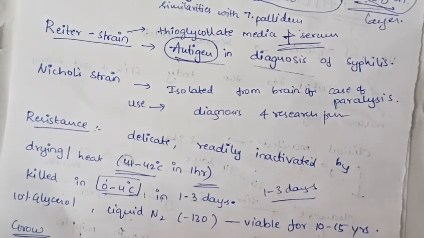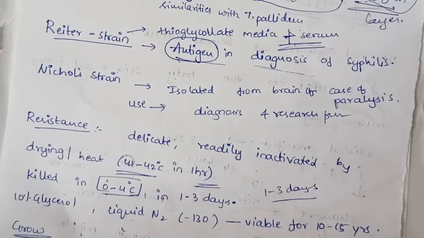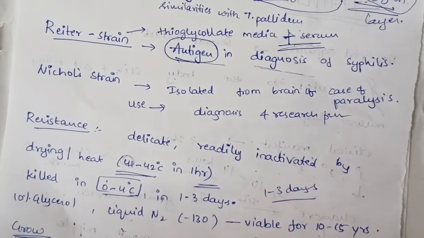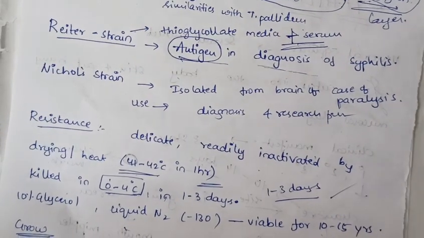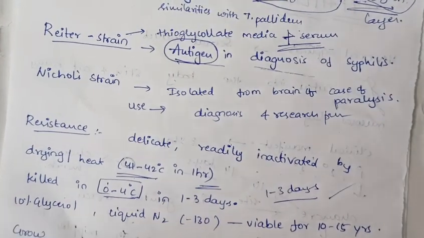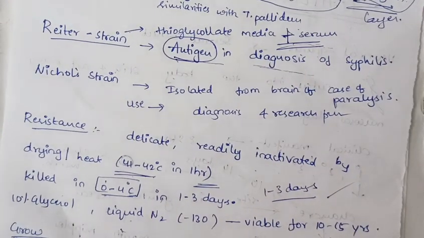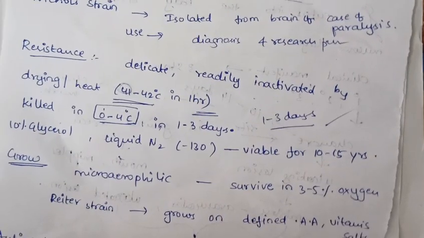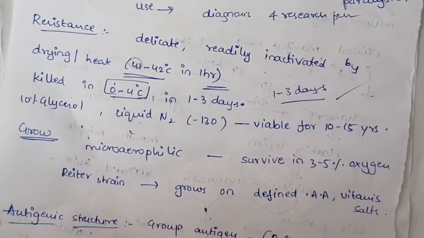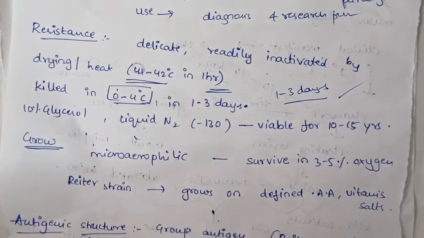So refrigerated blood stored for 1 to 3 days is effective in blood transfusions, even if the blood has these treponemal strains. Next, in order to preserve this organism viable for 10 to 15 years, 10% glycerol or liquid nitrogen at minus 130 degrees is preferable.